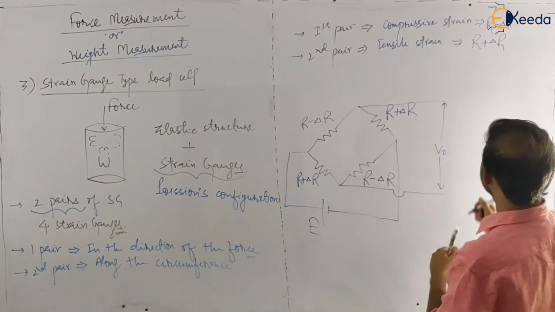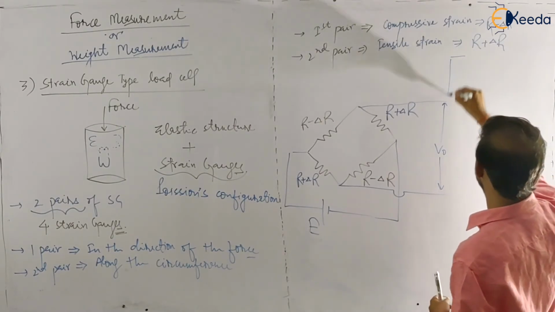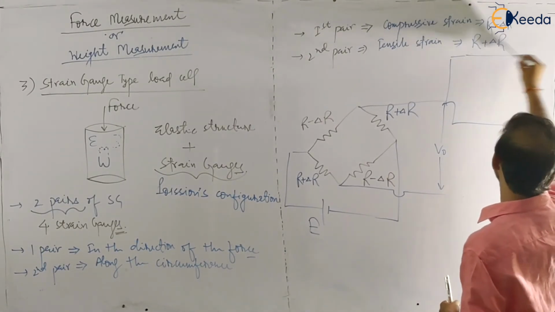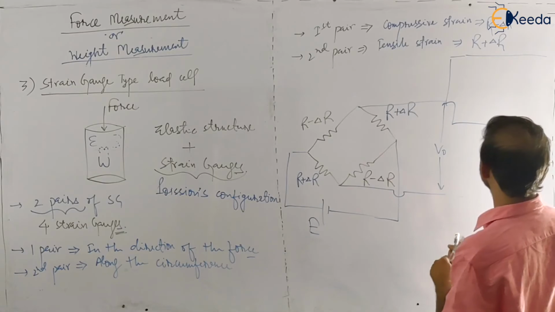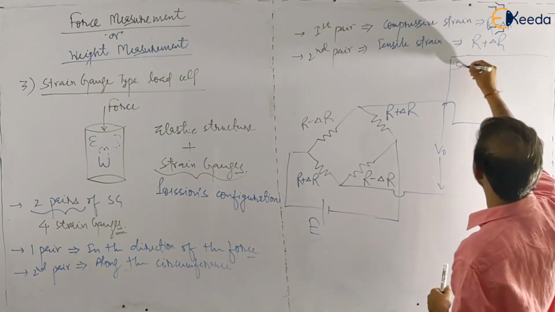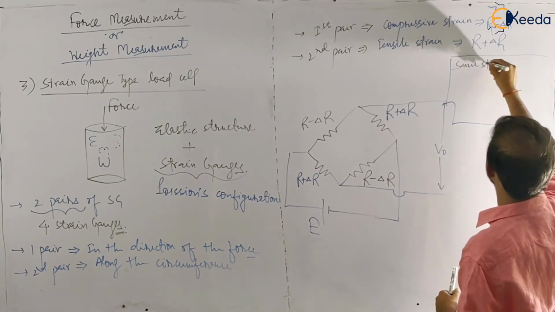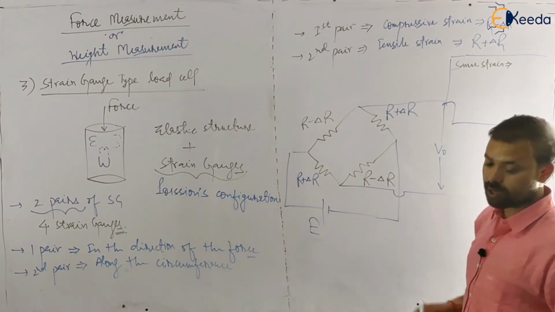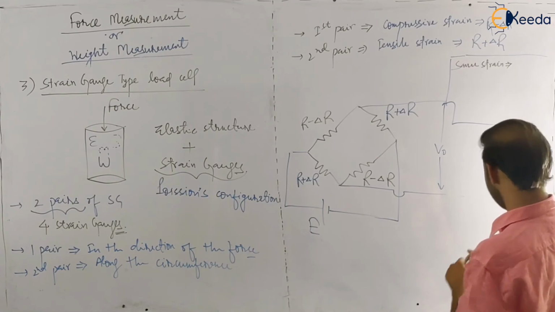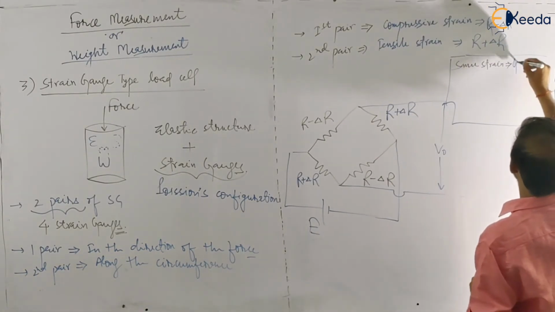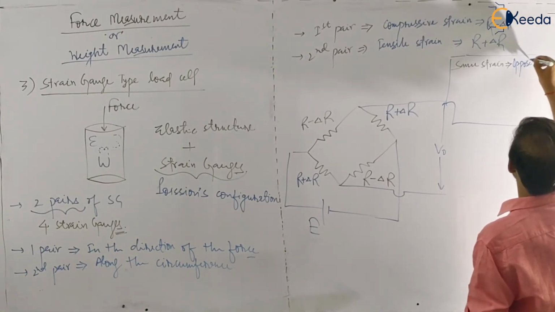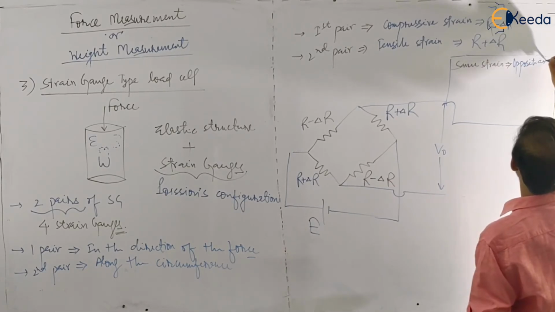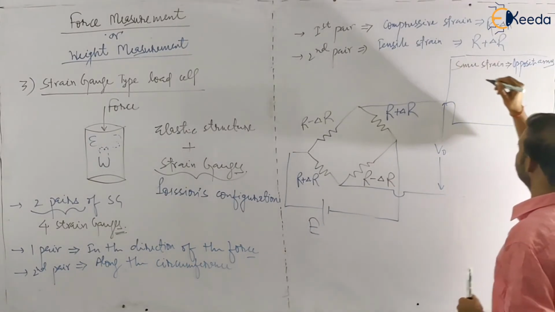If there is the same strain, you need to connect the strain gauges in opposite arms of the Wheatstone bridge.